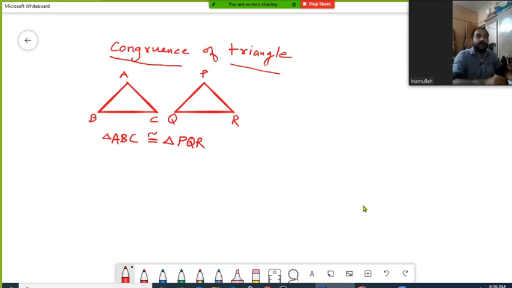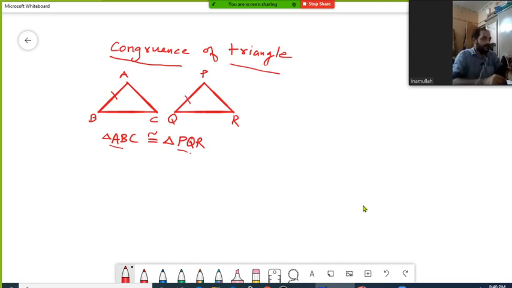If they are congruent, then their corresponding sides will be equal. Corresponding sides means AB and PQ. So this is AB, this is PQ. They will be equal if they are congruent.